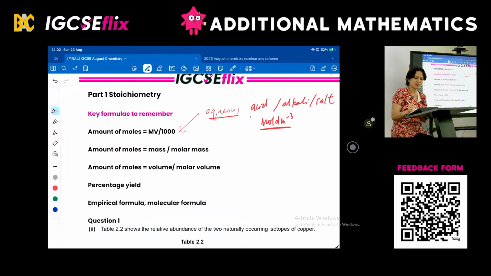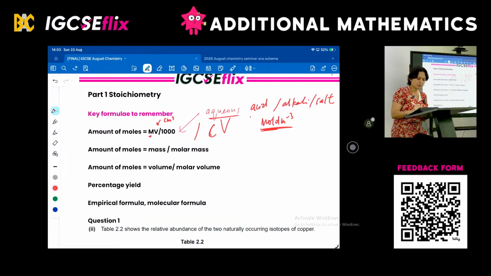Every time you see this unit, this is the M for MV over 1000. Some of your schools learn it as CV, same concept: concentration times volume. The V in MV over 1000 is usually given in centimeter cube, which is why we divide by 1000 to get it back to decimeter cube. Later we'll try some calculations.